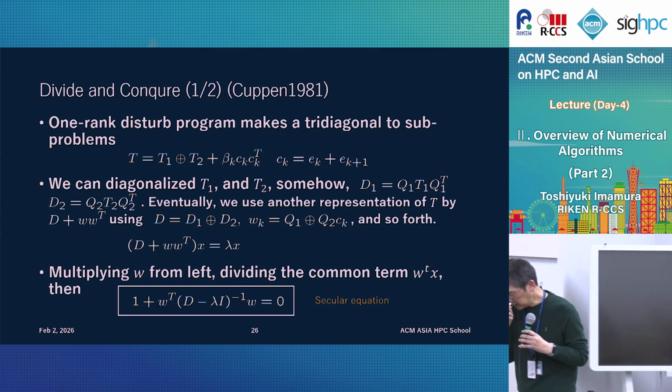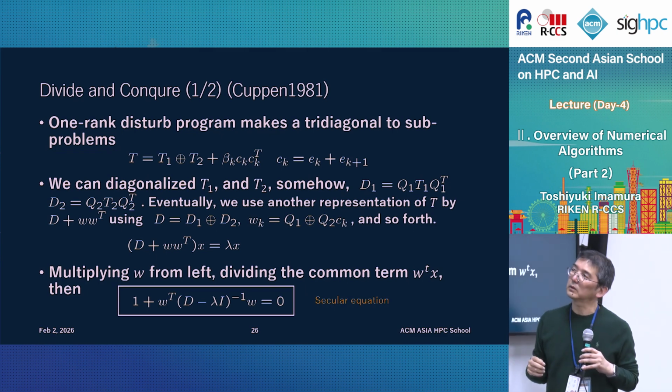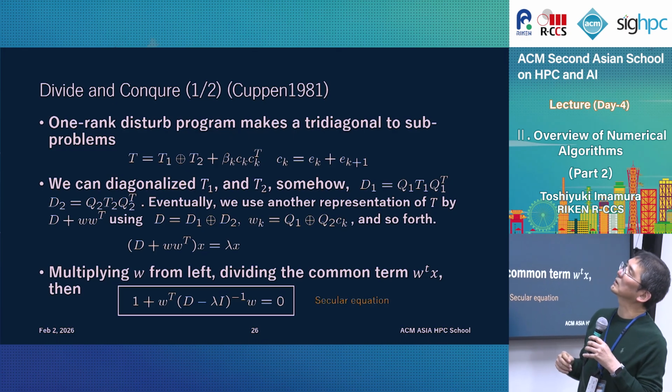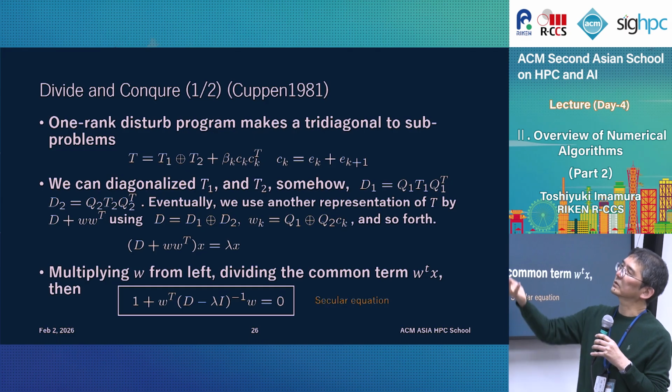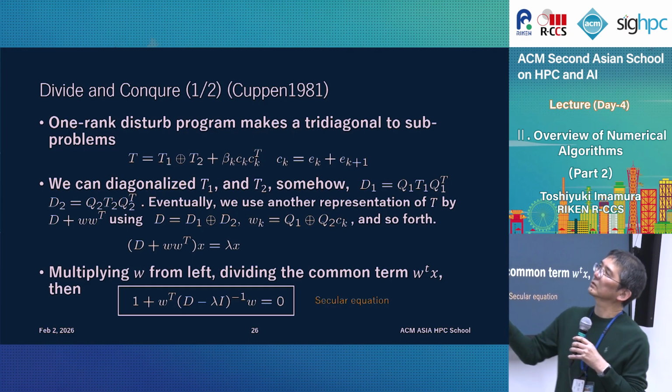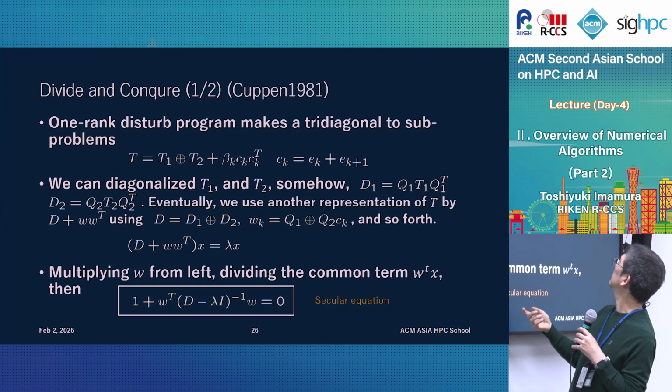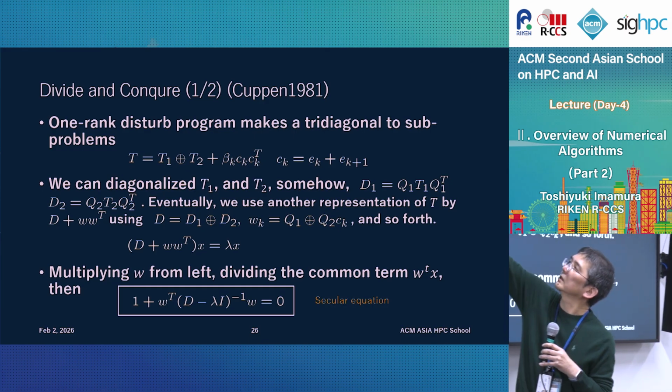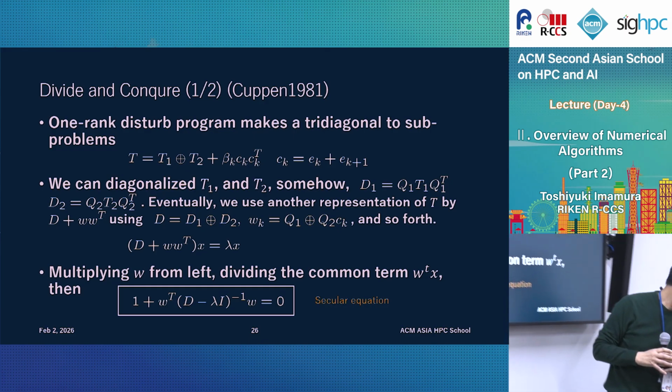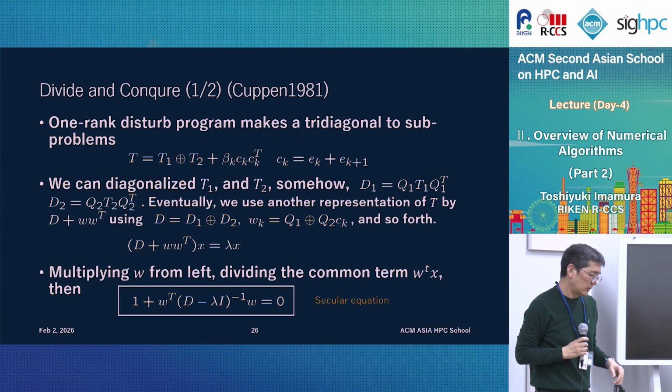And the second step: we calculate the eigenvalue problem once we get the tridiagonal format. Here is also a tridiagonal matrix.